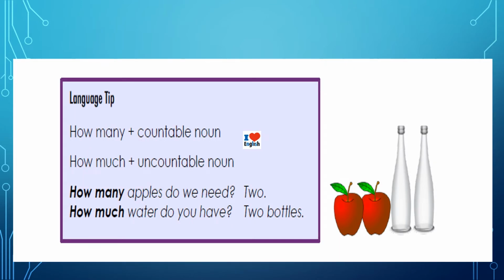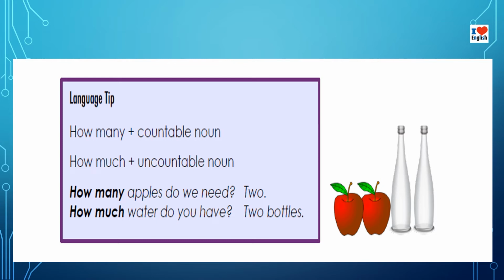Here is the language box in our book. As we can see, we use how many plus countable noun and how much plus uncountable noun. Example, how many apples do we need? 2. How much water do we have? 2 bottles. Apples, 2 apples.